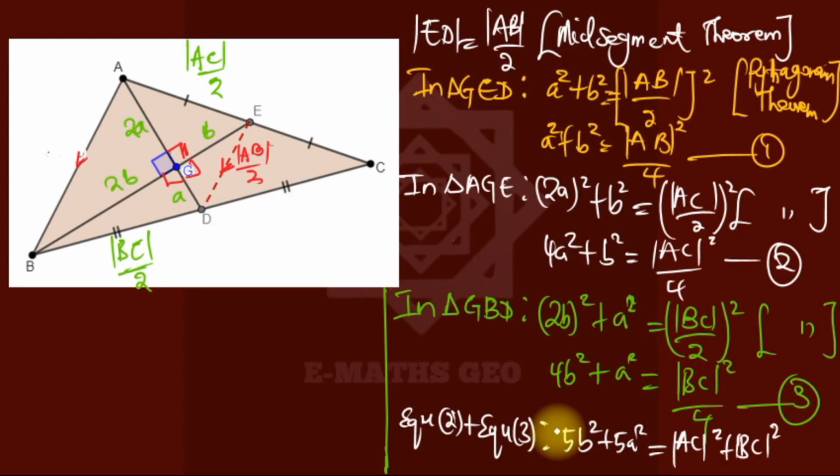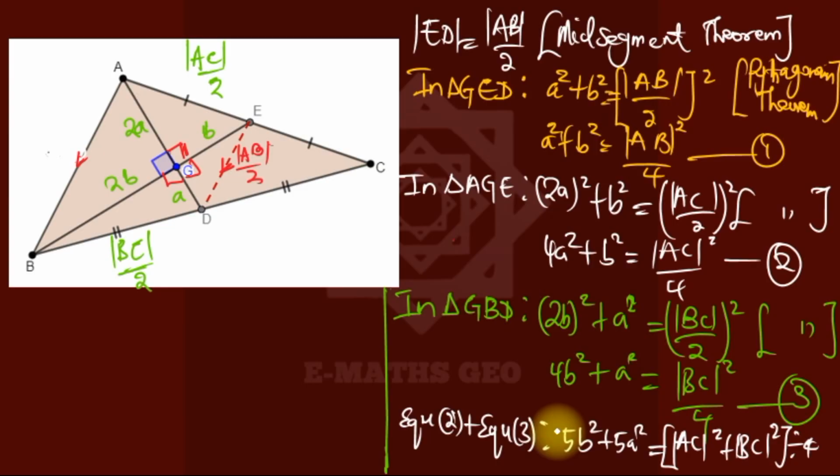Yes. So we added the equations: b squared plus 4b squared is 5b squared, and 4a squared plus a squared is 5a squared. Then we add the right hand side, which is AC all squared over 4 plus BC all squared over 4, and they have a common denominator, which is 4.